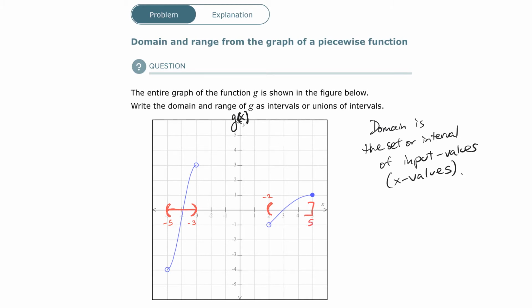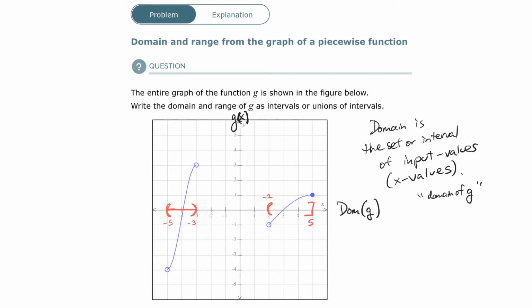So let's write that. I use sort of an advanced notation to represent domain. I usually use DOM parenthesis of G, and the way you read this is the domain of G. This is the notation that my engineering students get to use, or my students in differential equations get to use, and I'll let you use this as well.